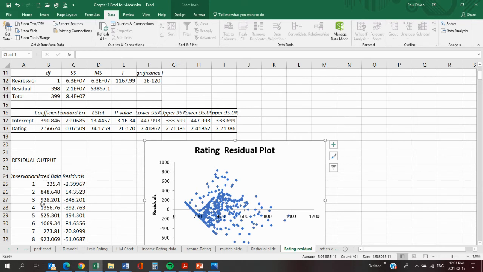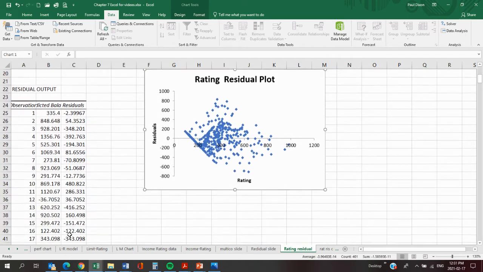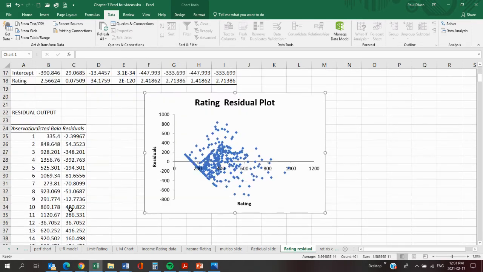Next one, I predicted 928. I was off by 348, a big error. So some of them you'll see are big and some are small. And these are all the errors. And here's a plot of it. As the rating went up, what were the errors I was making? And you can see that there are some odd patterns here. I've got a downward sloping line here, with the scatter a lot above and below.